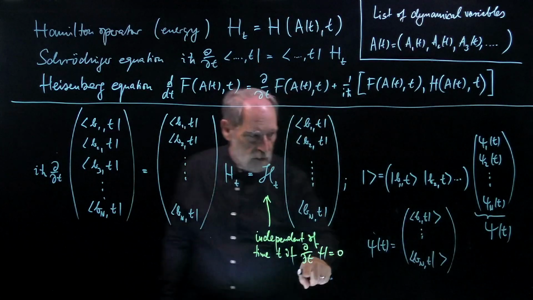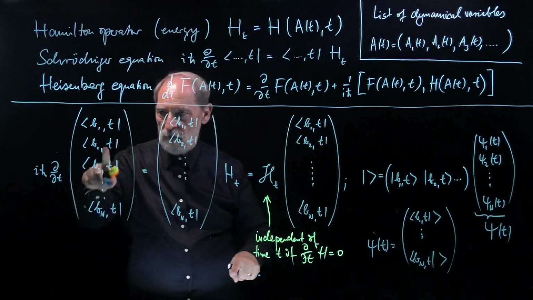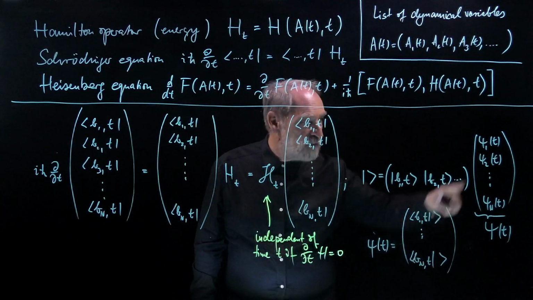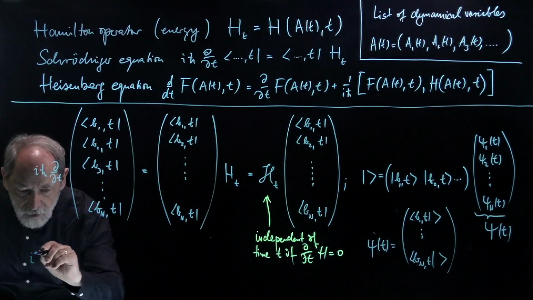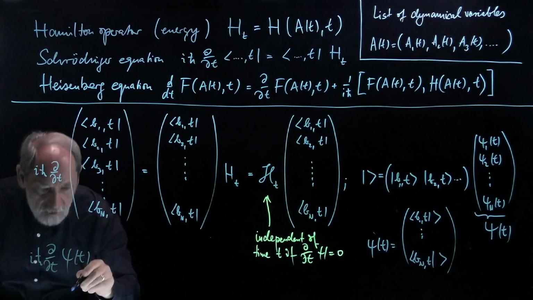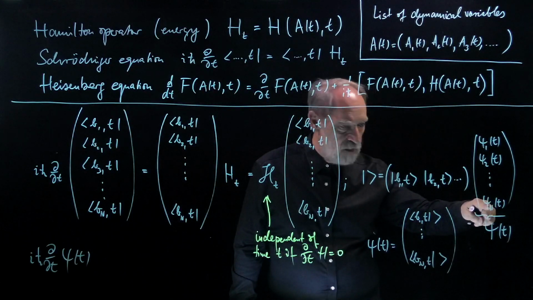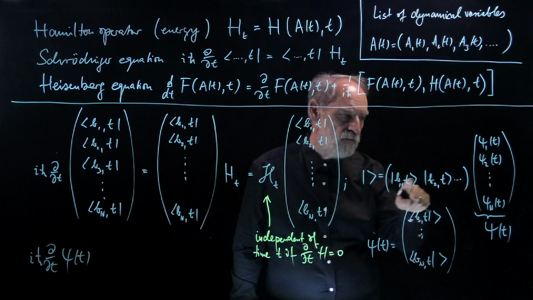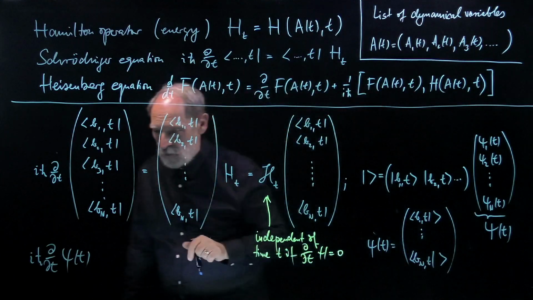And so we can just translate this statement about the time derivative of this column into a statement about the time derivative of this column of probability amplitudes, namely that i h bar d by dt psi of t. So this list of probability amplitudes that describe the state ket, referring to the basis that refers to time t, and therefore these probability amplitudes themselves are time dependent.